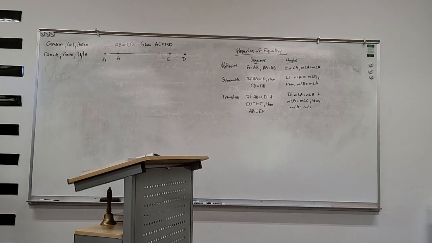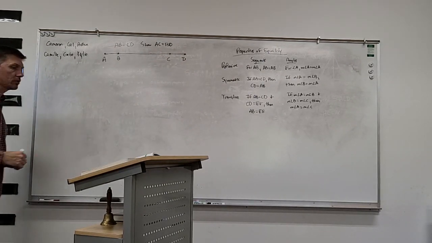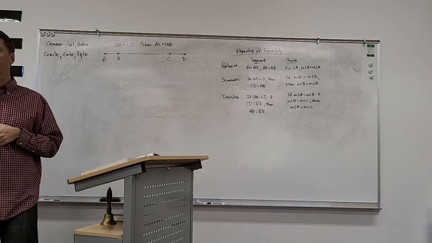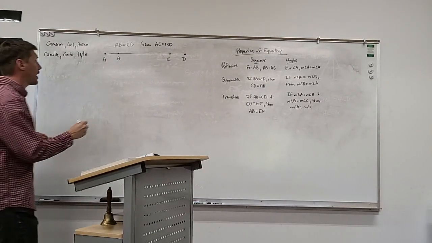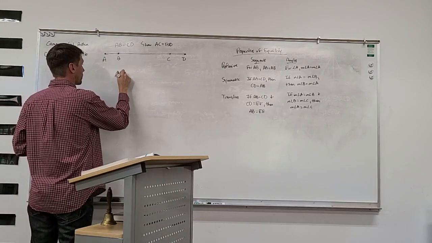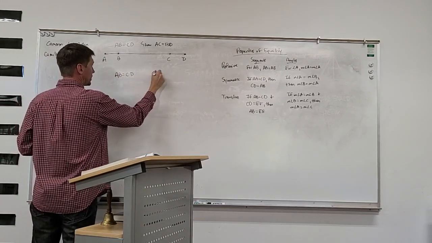All right, so we need to write a proof for that. So let's walk through the steps. When we're doing our proofs, we always start with what's been given. So we could start with the fact that AB equals CD. That piece is given.